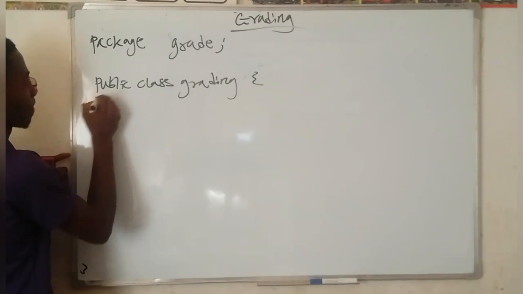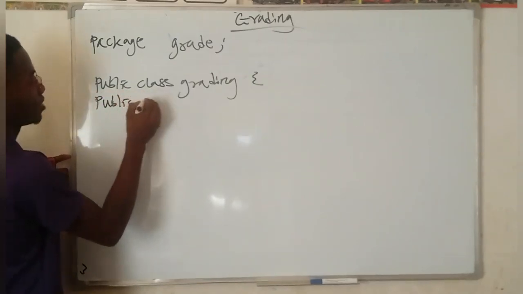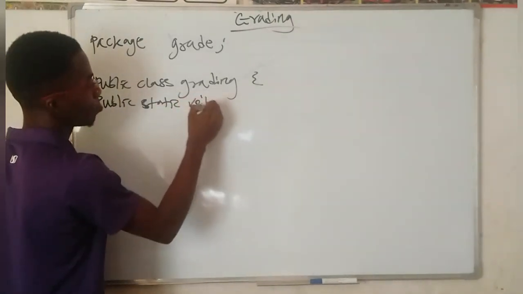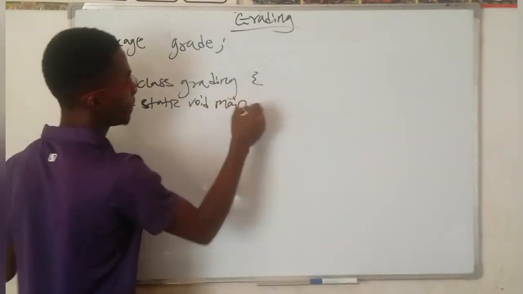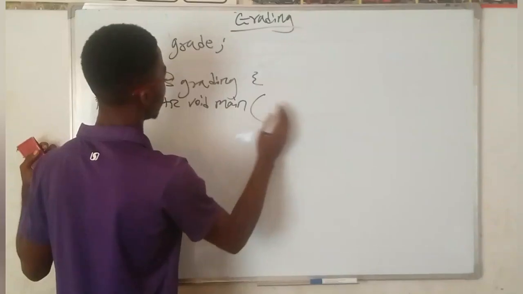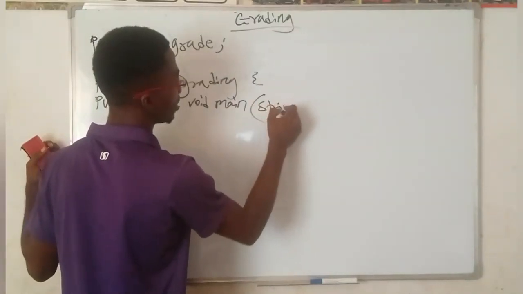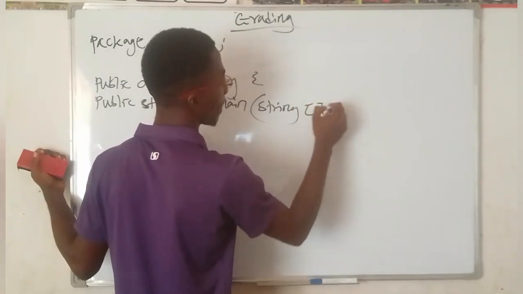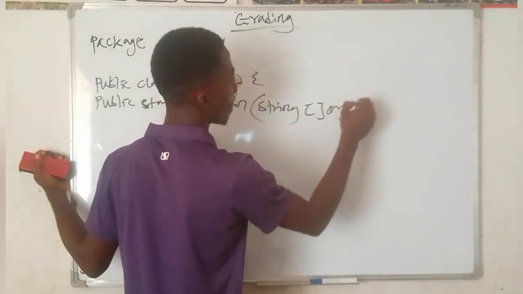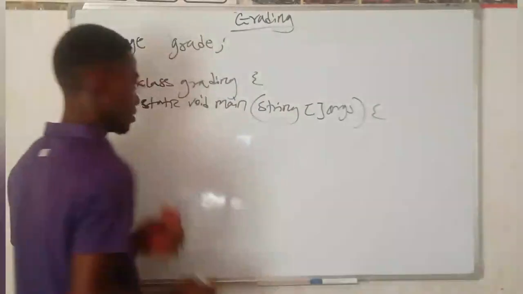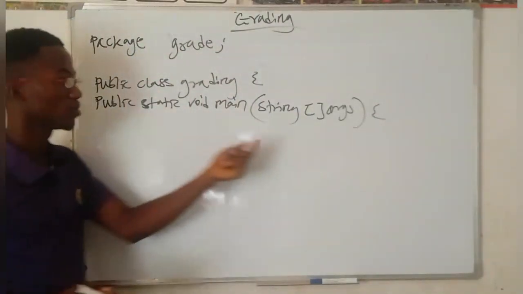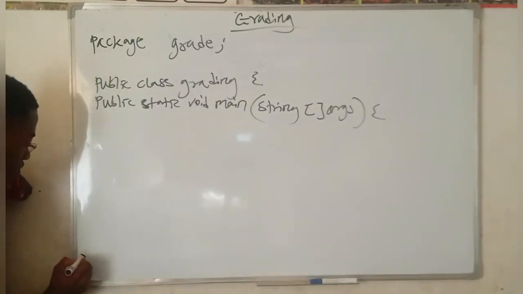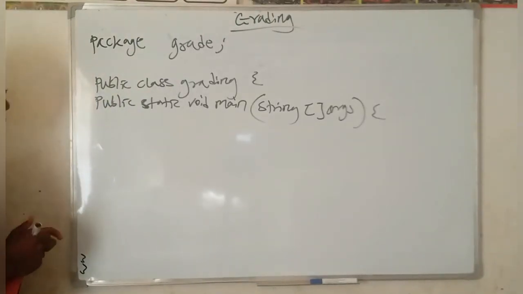I've got public static void main, with the arguments, String args. The brace of my main method opens here, and it closes here as well. Good.